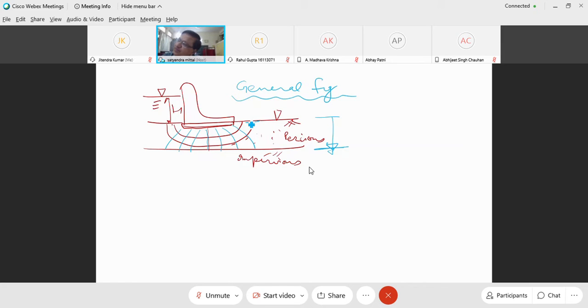This is the downstream surface, and these blue horizontal lines are called equipotential lines. Because equipotential lines means that if you attach a piezometer here or here, that will show the same rise of water column.